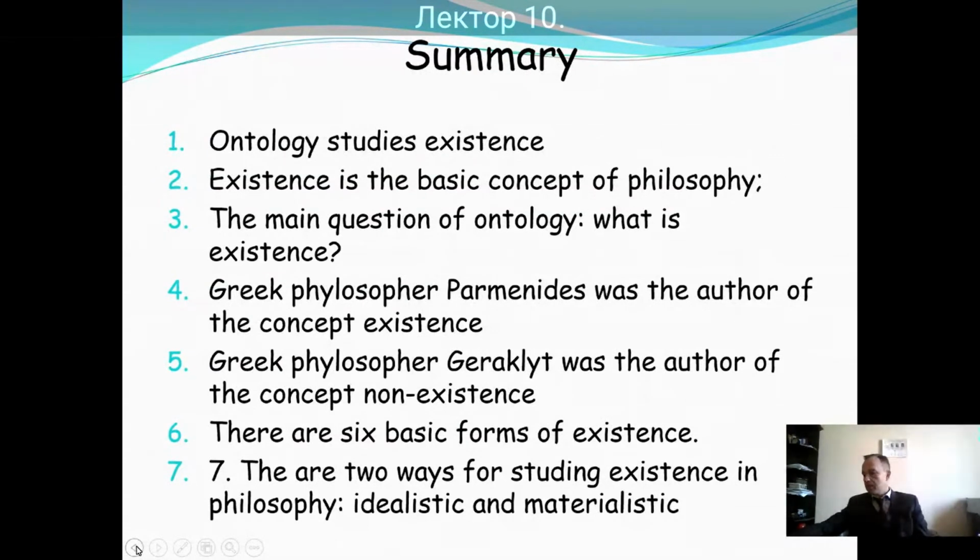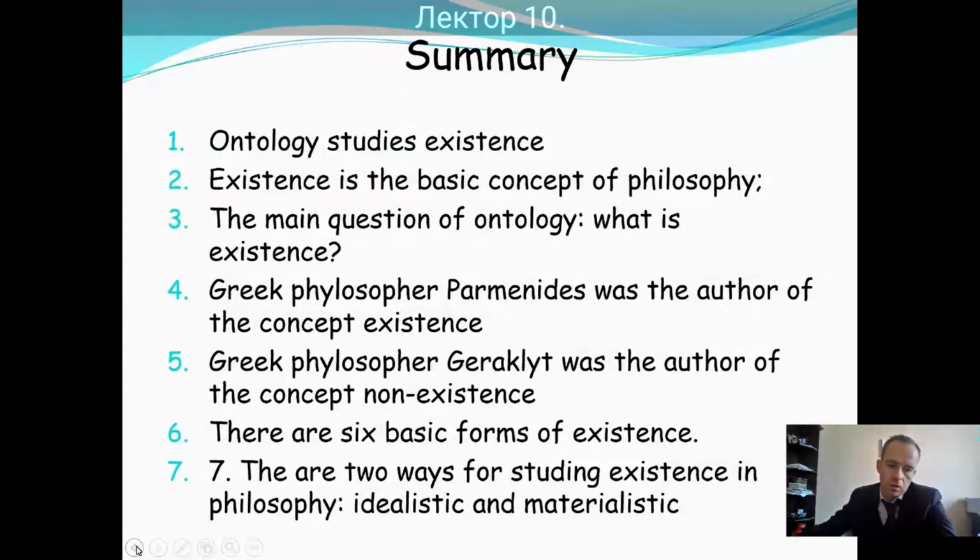Okay, in the epoch of the Middle Ages, ontology was religious. What was the reason for it? You must remember that in the Middle Ages, the main form of science was theology, and philosophy was only the second form of science. And the problem of existence of our world was deeply connected with the problem of existence of God. That's the reason why ontology of this period was religious, and philosophers of the Middle Ages tried to create the proof of God's existence.